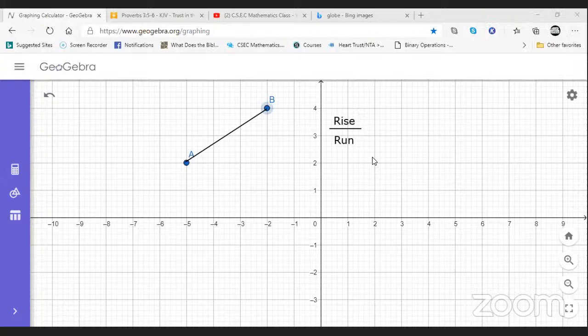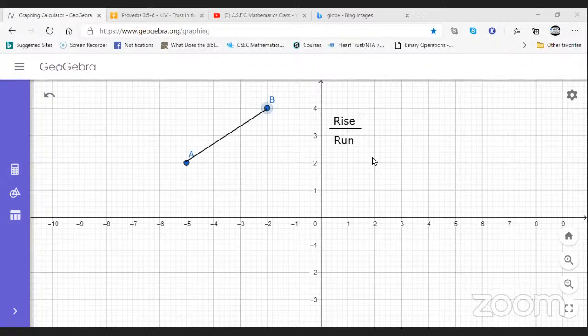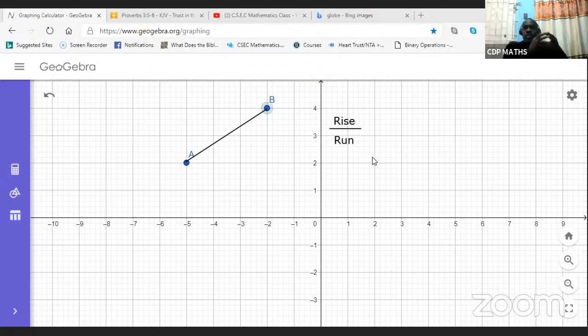Horizontal? Rise, you sure? Upwards. It's because it's horizontal. So it's vertical, upwards. So what about run? Which direction are we going?